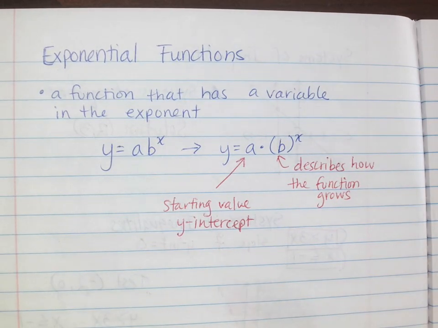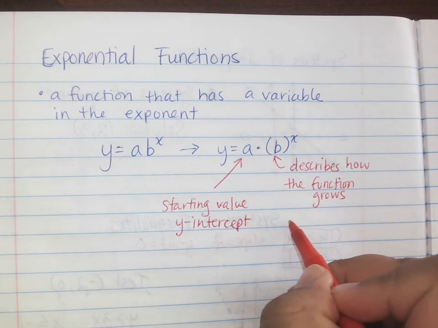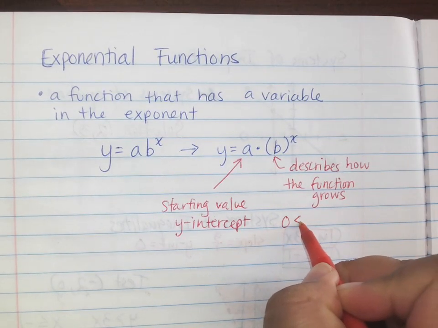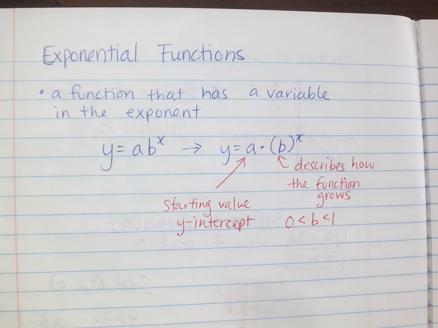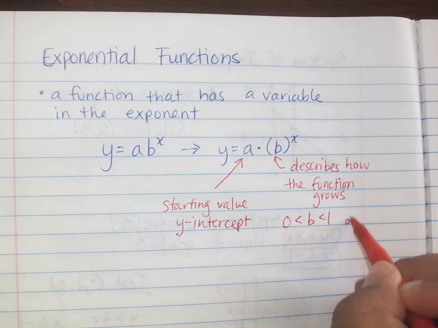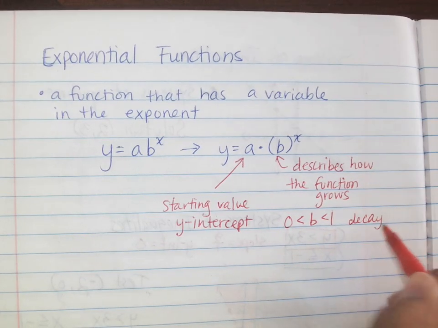There are two different things that can happen here, at least two for our purposes. If b is between 0 and 1, not equal to 0 and 1, but between, let's say it's 1/2, 1/3, 9/10, anything between 0 and 1, it's going to be decaying.